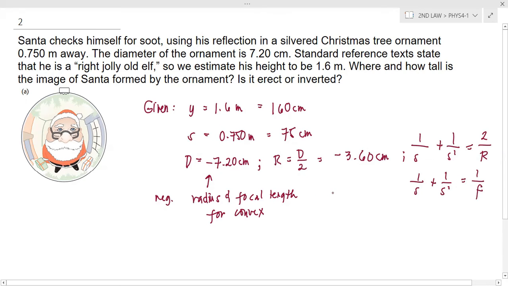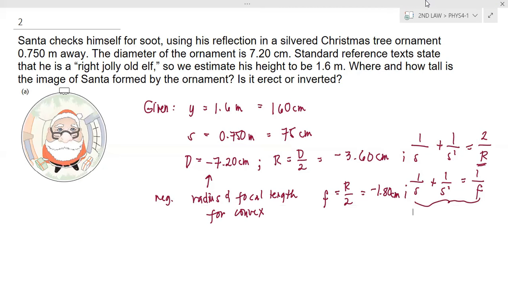Here I will use the focal length. So we divide this by 2, which will give us negative 1.8 cm. You can still use the given radius, but in this case, I will just use this equation.